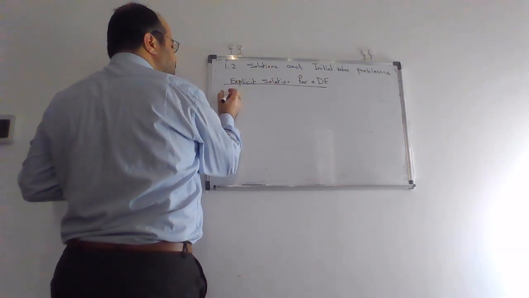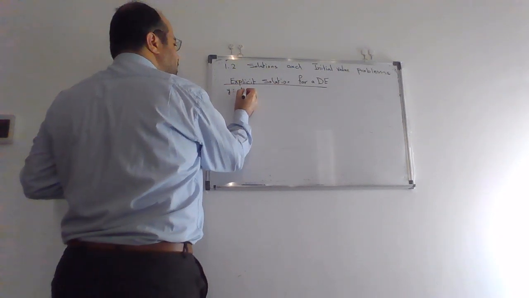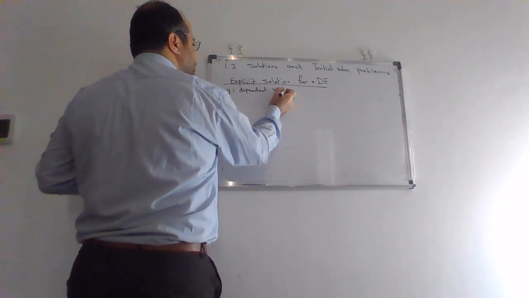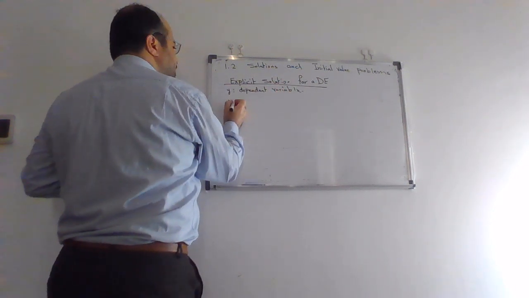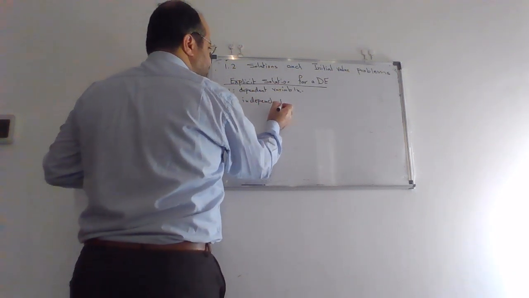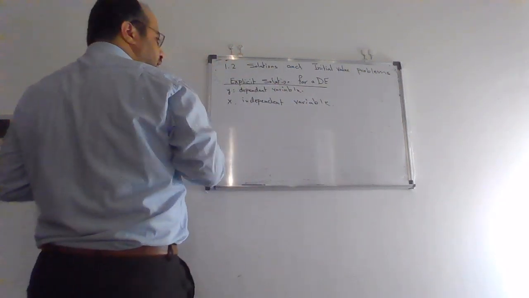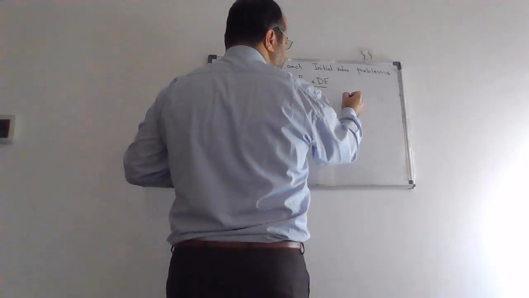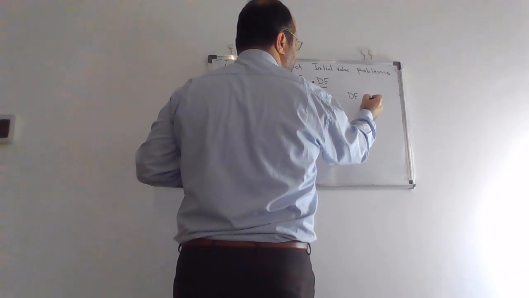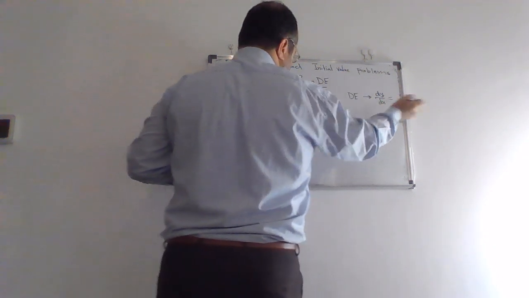Suppose that y is our dependent variable, and x is our independent variable. Now, if we have a differential equation, this means you're going to have dy over dx equal something, right?